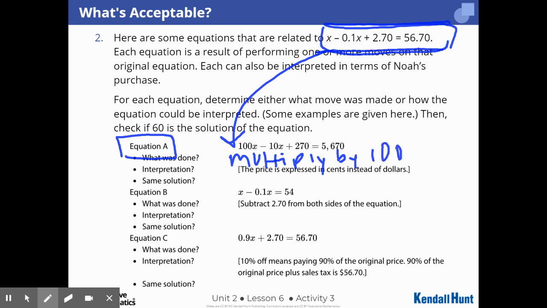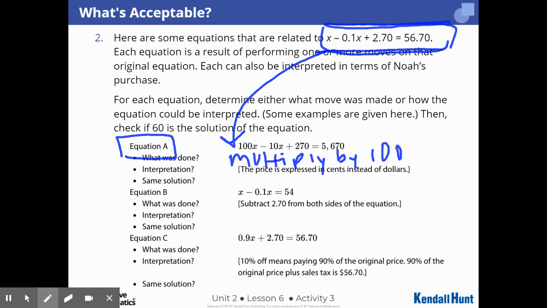It's a little hard for me to write on the screen, but that's what we have. So the interpretation here is that, for instance, instead of talking about this in terms of cents, like $2.70, maybe we're just talking about the number of pennies. So we could say there's 270 pennies instead of $2.70. Kind of a weird way to write it, but technically, yeah, you could do it that way.